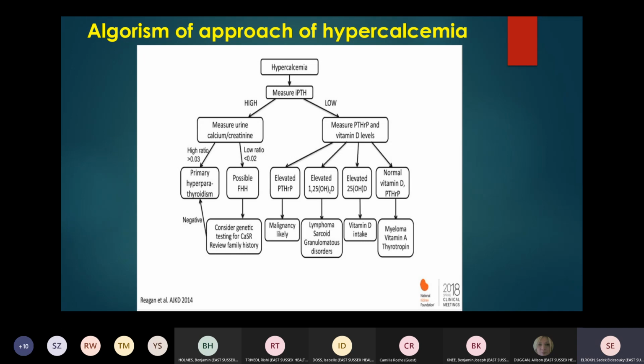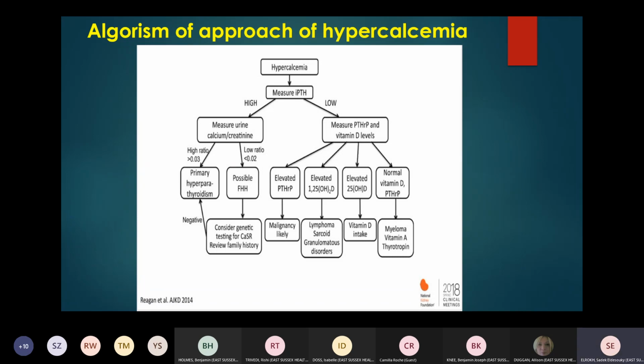If the ratio is low, less than 0.02, this is probably familial hypocalciuric hypercalcemia, which doesn't need treatment. If the ratio is high, more than 0.03, probably this is primary hyperparathyroidism, and you can consider genetic mutation testing to confirm the diagnosis.